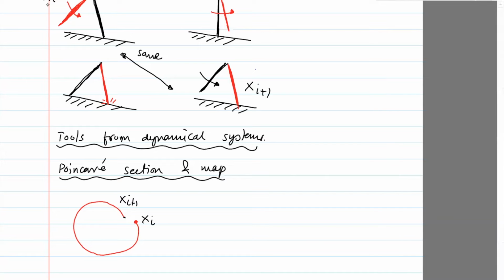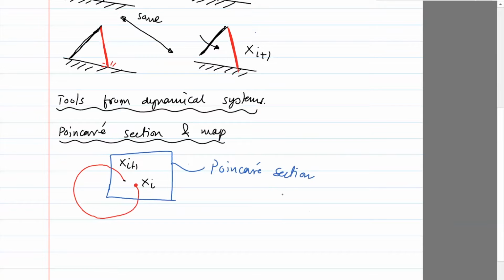So this particular place where we are looking at the system, you can see that this configuration is the same as this configuration. So this is basically a Poincare section. It's an instant in the locomotion cycle at which we take a sort of snapshot of the system.